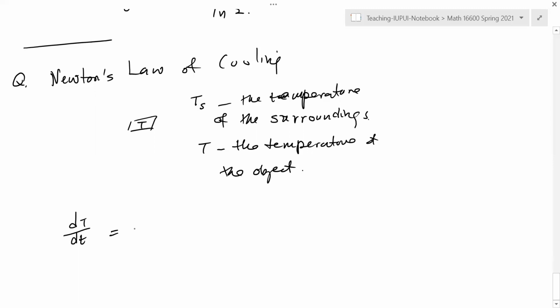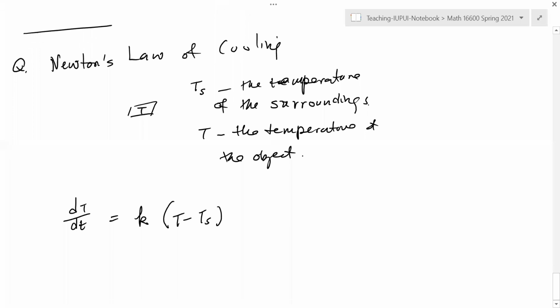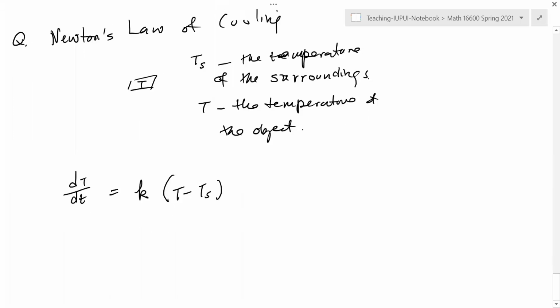It really depends, but we know that it's proportional to the difference between the temperature and the room temperature. If the difference between the two temperatures is getting smaller and smaller, then the rate of change of the temperature of the object will be getting smaller and smaller. It's proportional to that. That's what he discovered after lots of experiments.